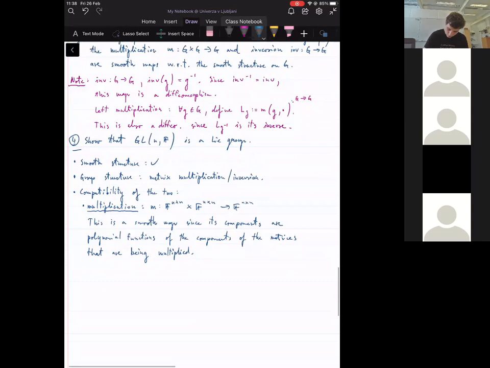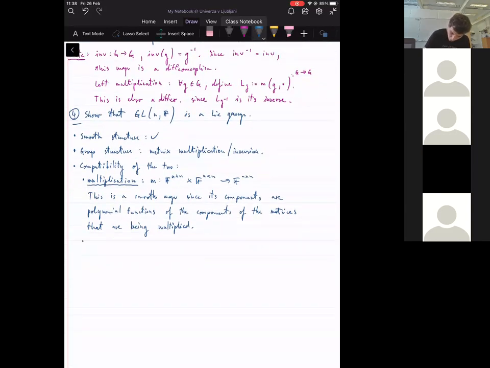Okay. How about inversion? I forgot to comment on the multiplication now in GL_n(F). Why is the multiplication in this group smooth?